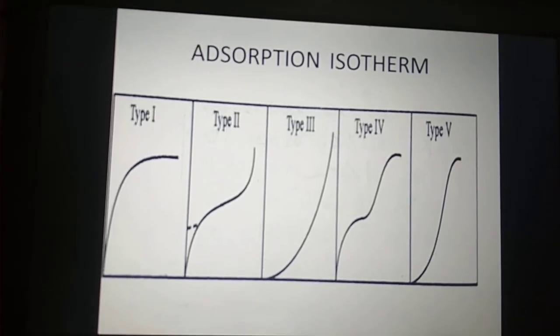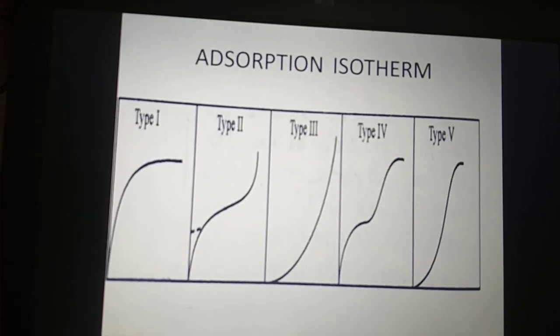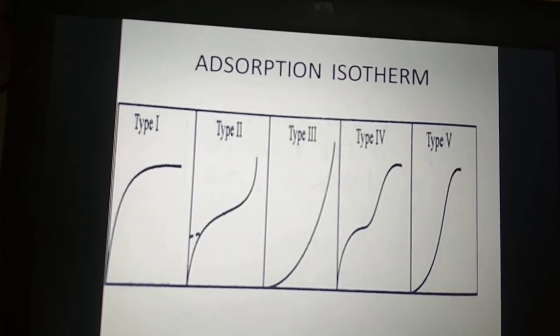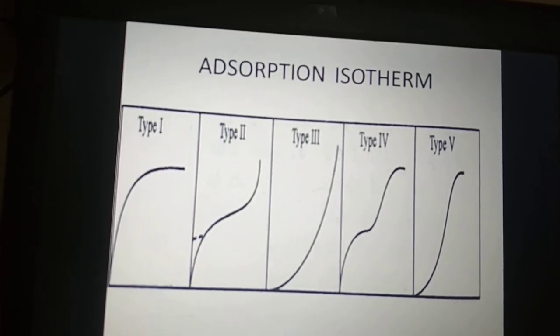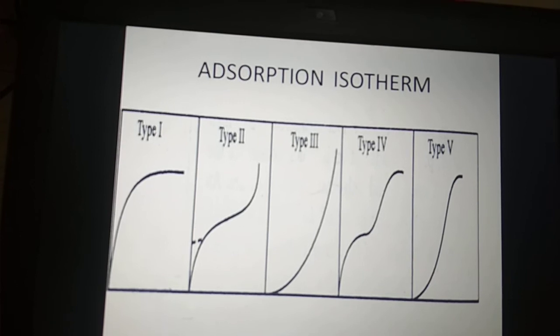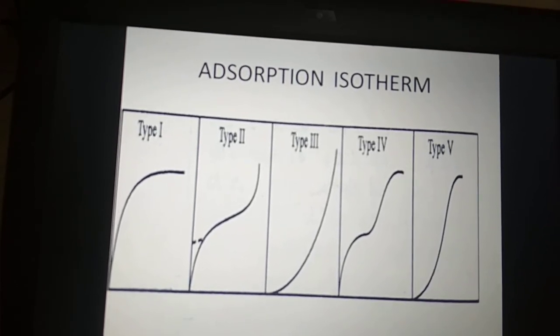The second type of isotherm is shown by multilayered adsorption, and point B indicates completion of the monolayer, and then formation of the multilayer starts.